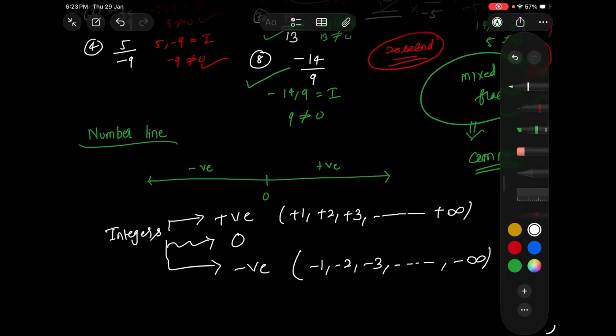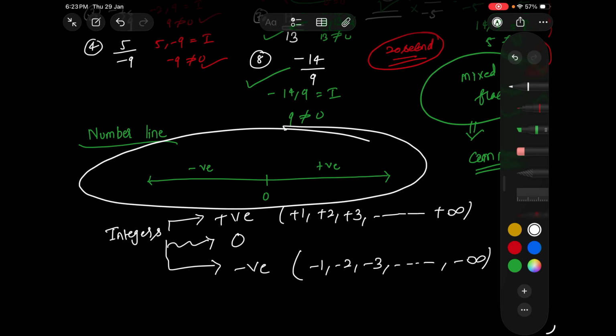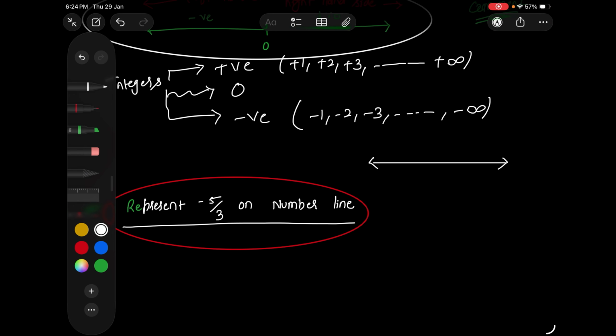And the third one, which is 0. So basically we have to remember this line. This is a number line. This is 0, this is 1, this is 2, this is 3, this is minus 1, this is minus 2, and this is minus 3. This is minus infinity. This is plus infinity.